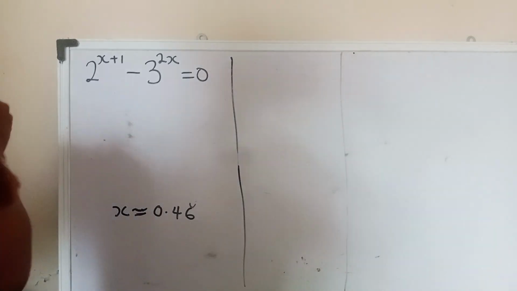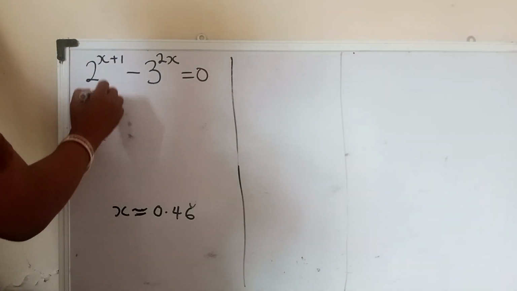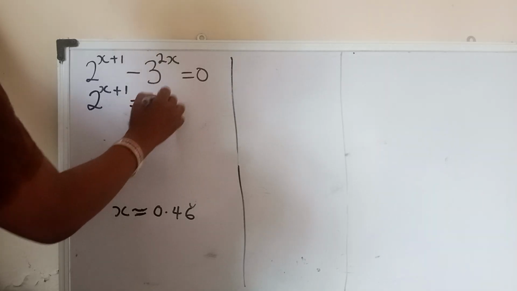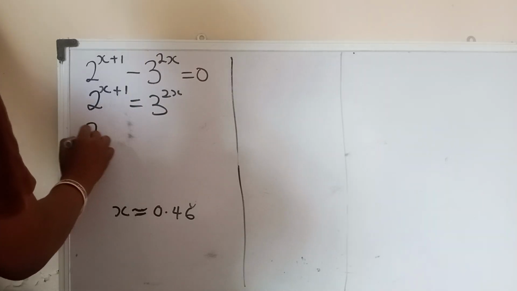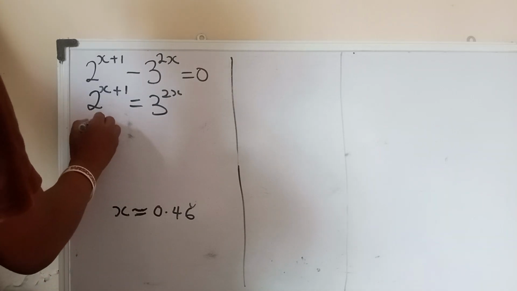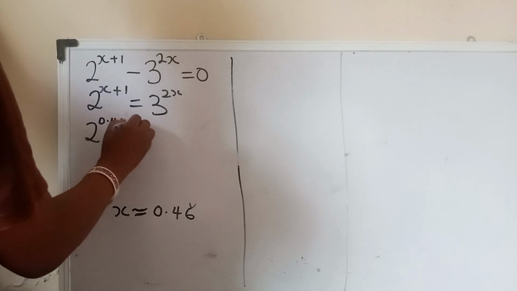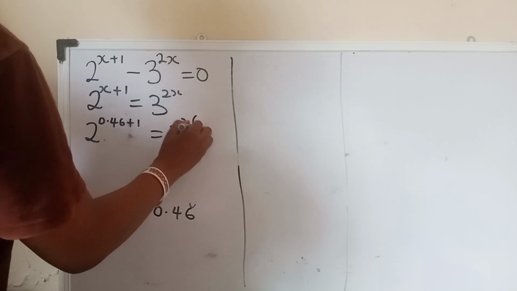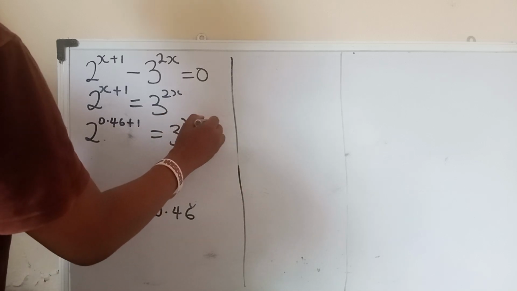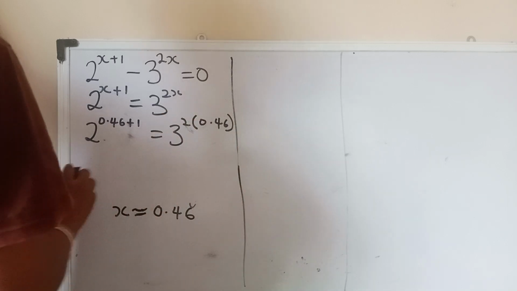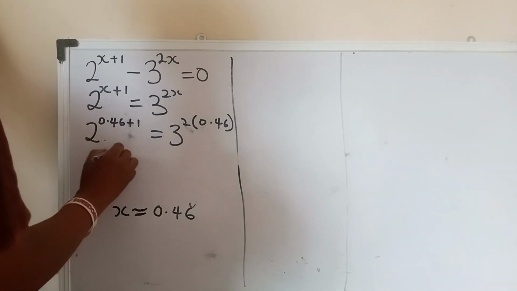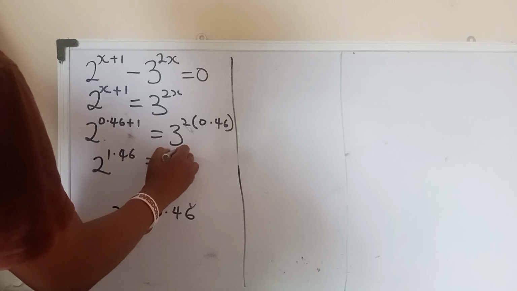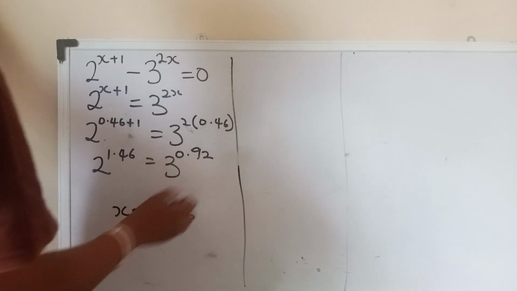So remember, this was the equation: 2 to the power of x plus 1 equals 3 to the power of 2x. If we put this here, we have 2 to the power of 0.46 plus 1 equals 3 to the power of 2 times 0.46. Now this will give us 2 to the power of 1.46 equals 3, and when we multiply this, we're going to have 0.92.